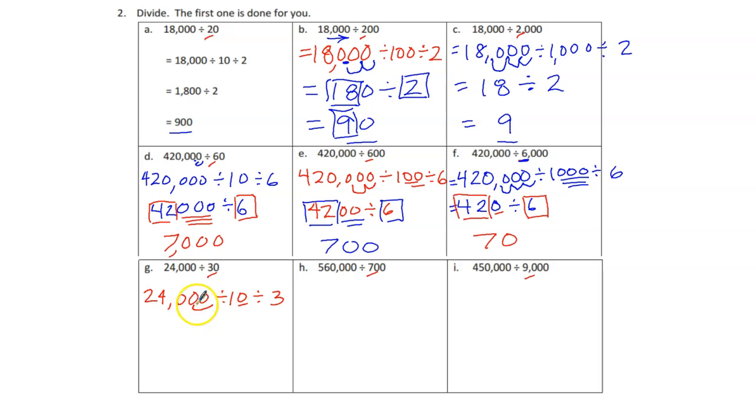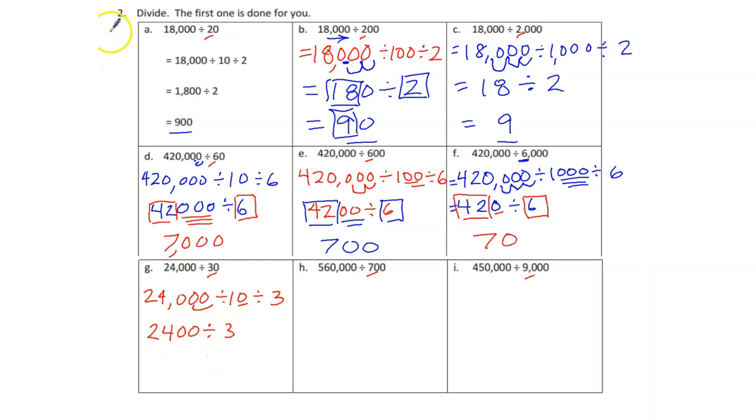The decimal will appear to move between my second and third zero. So we'll have 2,400 divided by 3. Now once again, if you don't know how to divide, you can just look at your multiplication table and say, when I go to my 3 times table, how many times do I have to go down until I get to 24?